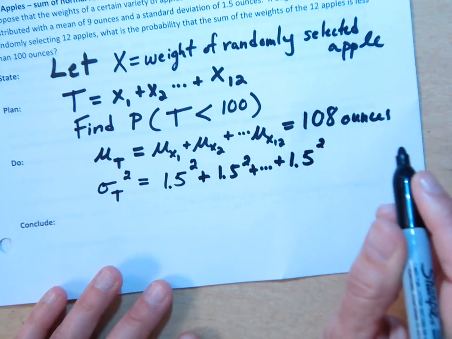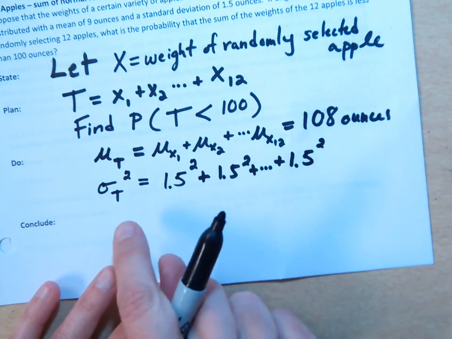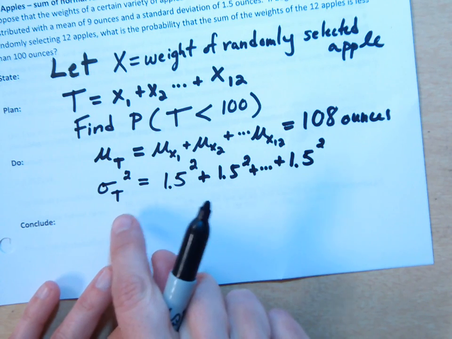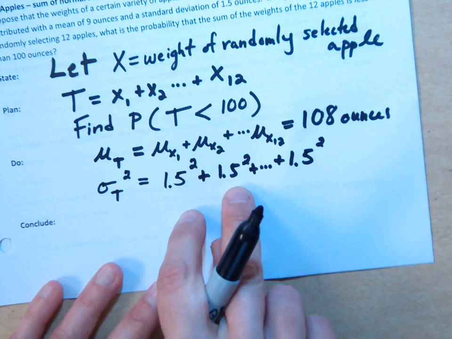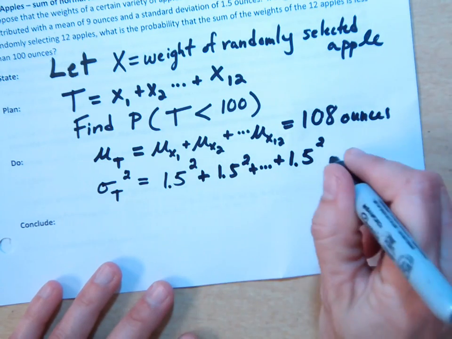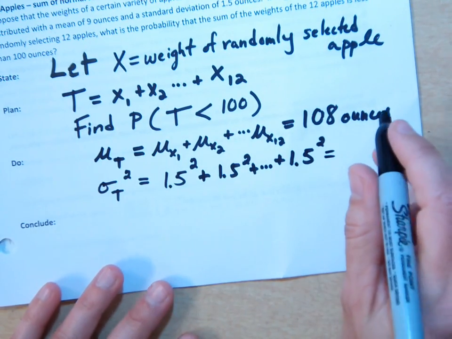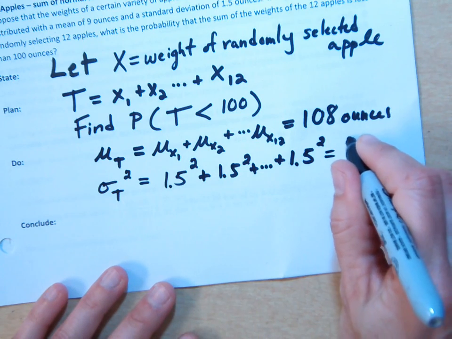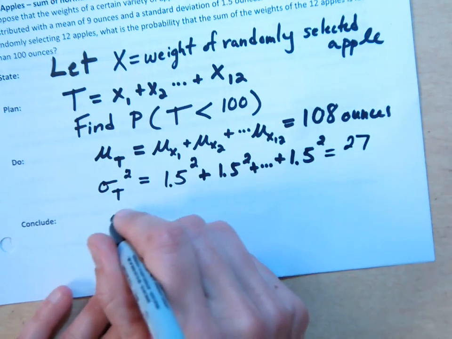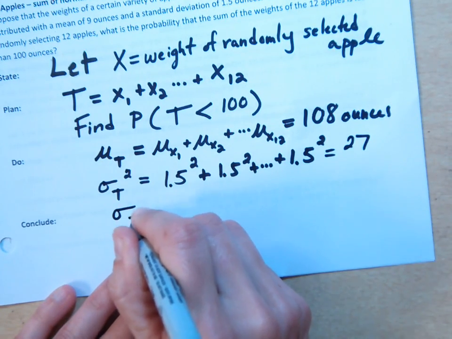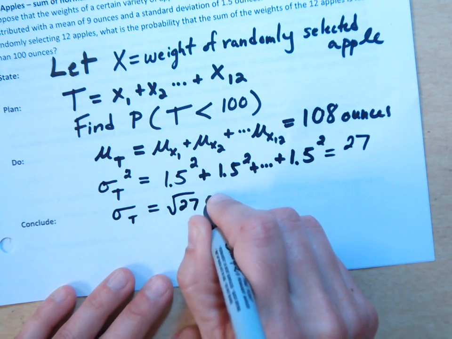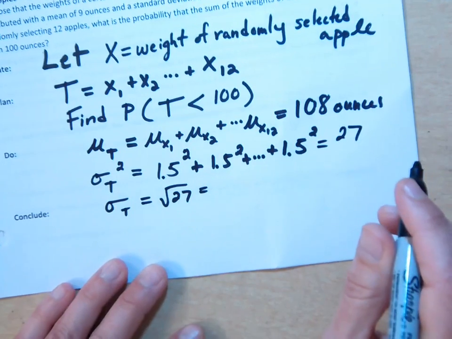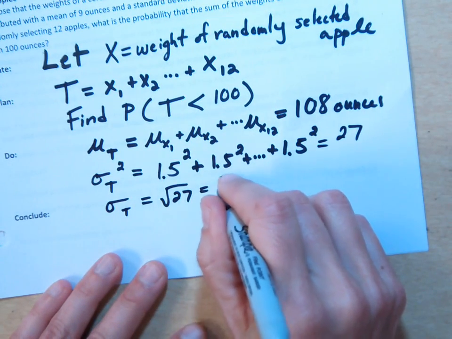Remember the formula we wrote down, that the variance of the sum is equal to adding the individual variances. That should give you 27. So the standard deviation of the total is the square root of 27, which is about 5.2 ounces.